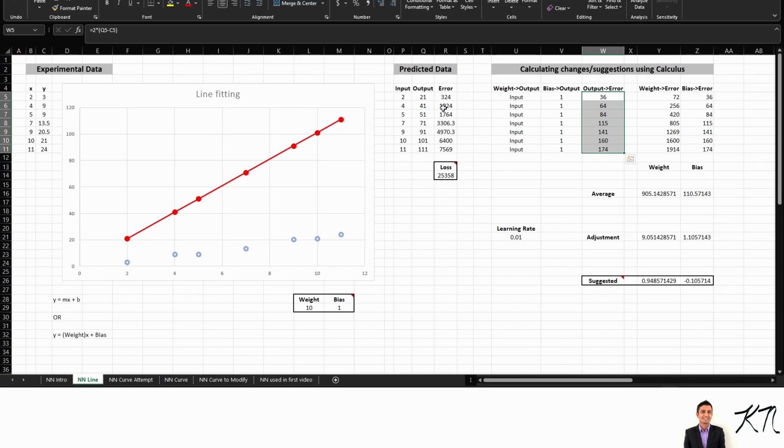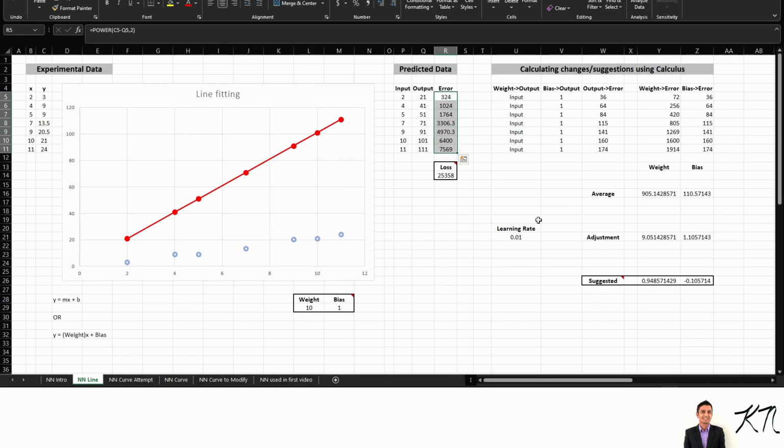Now you can see this chain reaction, right? As this changes, we figured out how this changes. As this changes, we figured out how this changes. Now, the last step is to say, how does this affect this?